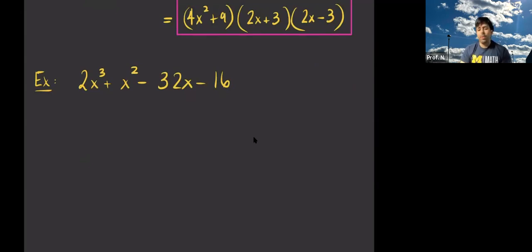So here, guys, what do we have? We have 4 terms. So the immediate thing you should think about is factor by grouping.